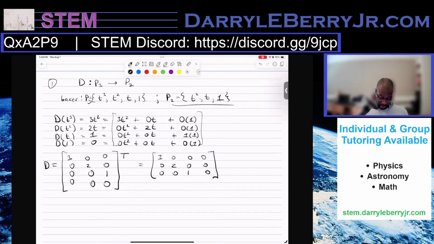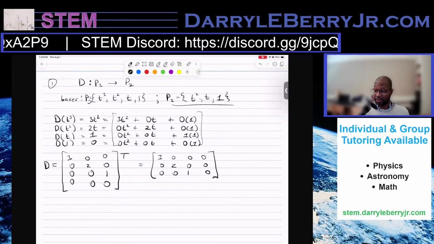So that's our matrix that transforms a vector into that space.